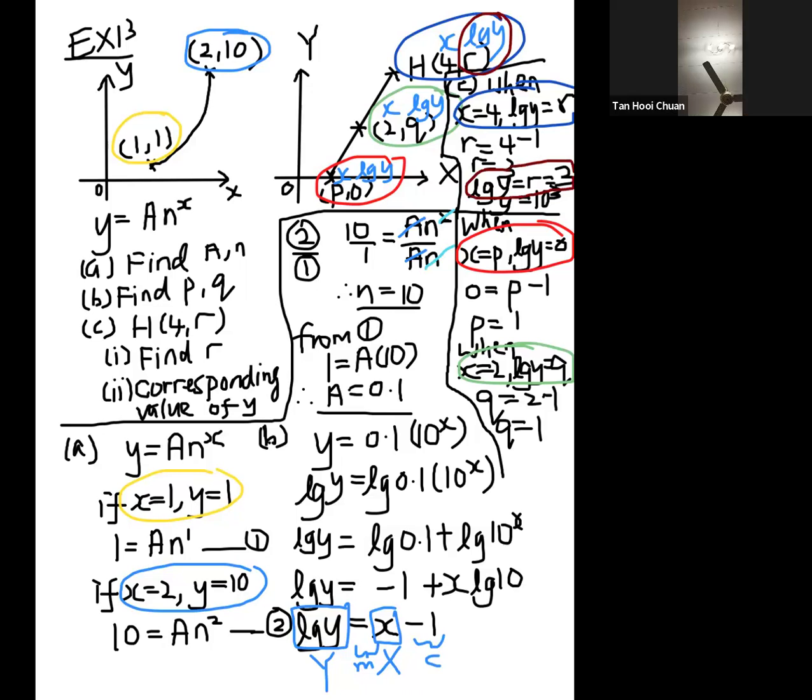From here, get what is your y. Okay, any questions? You have a look first because I want to erase it and show you the questions, because the space here is not enough. So you change it into linear form already, and then you need to sub in the coordinate x and y. Still the same thing.